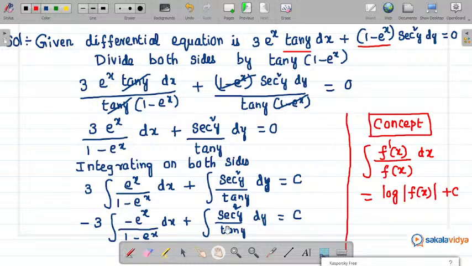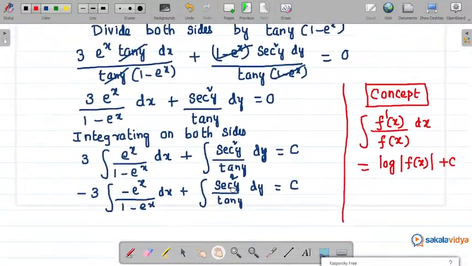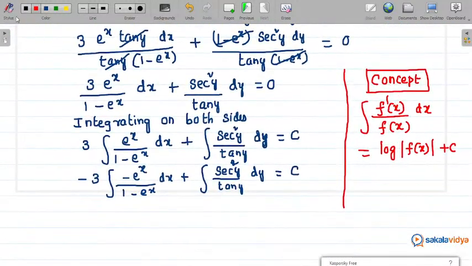See, how do we write? Applying this, we write negative 3 times the integral of f dash x by f of x dx, so log of mod 1 minus e power x. I hope it's very clear. Plus, this is also f dash y by f of y dy, so we write log mod tan y.